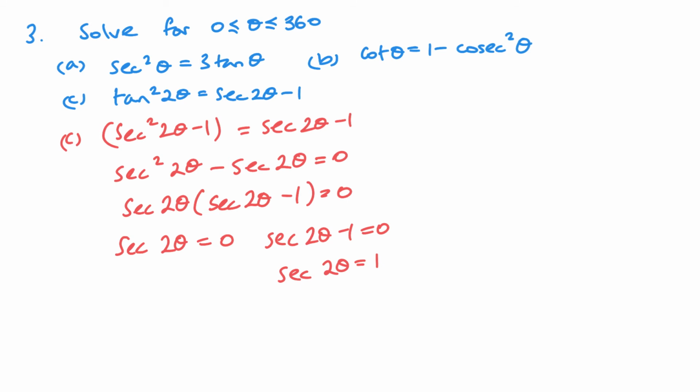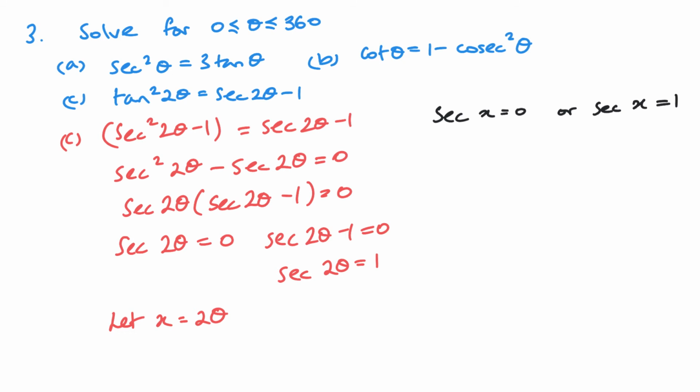Now at this point, or I could have done it a bit earlier, would have been nicer, but I want to let x equal to 2 theta. Now I'll do this bit in black. So we've got sec x equals 0, or sec x equals 1.